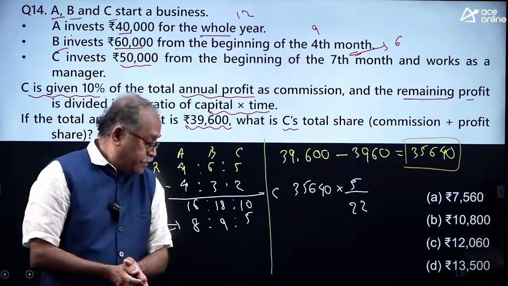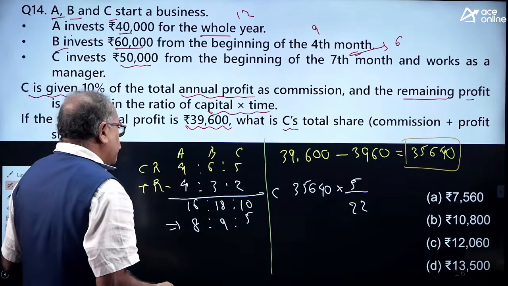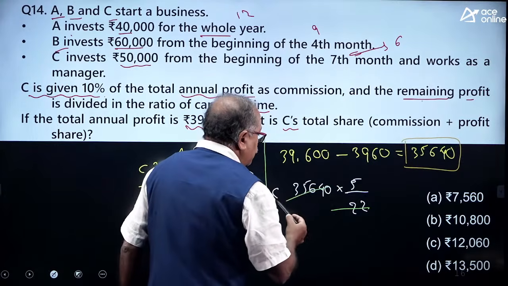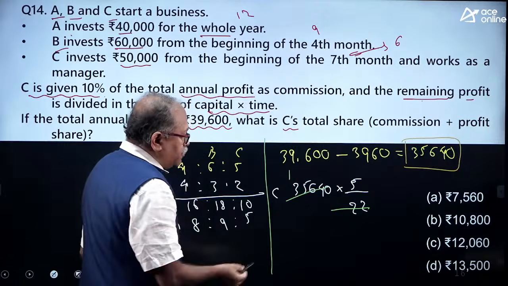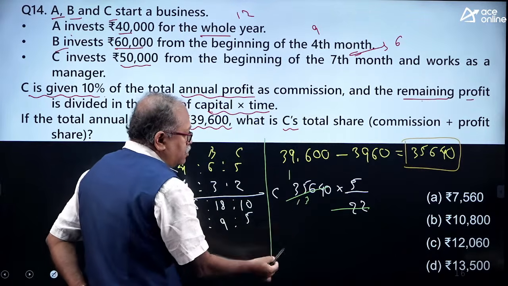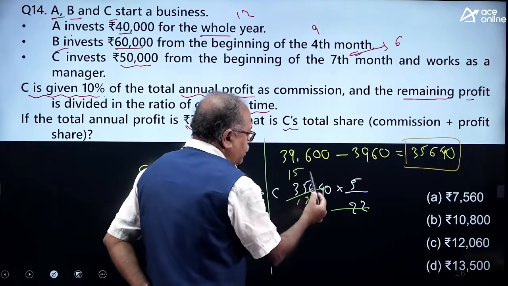So, from here onwards, if anyone can try, please try this, my dear friend. I notice that it gets cancelled one time, and I am left with 3 here, 1 here. So, it will go 5 times 110.